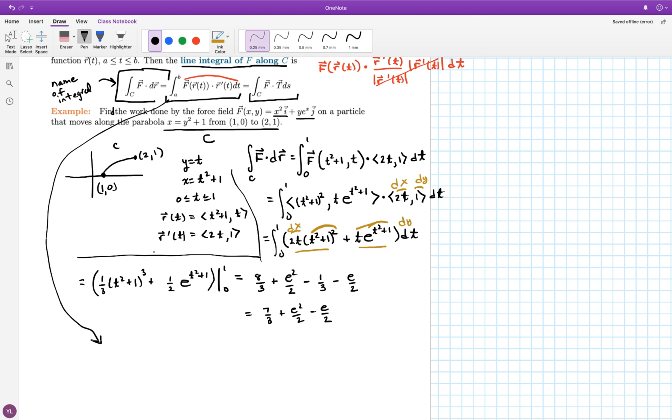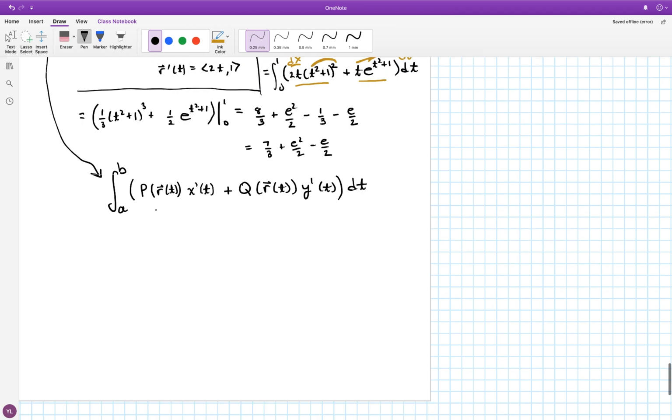If you compute this dot product out, what you're going to end up with is something that looks like this. So if the force field function has component functions P and Q, after you've performed your dot product, this is what you're looking at. Well, this is two line integrals of the following form.